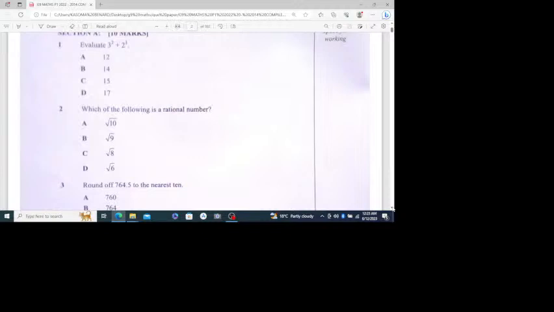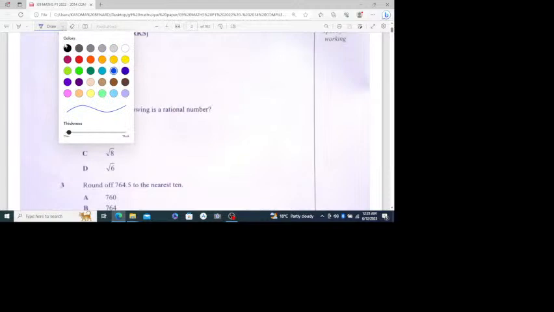The first question is, evaluate 3 raised to the power of 2 plus 2 raised to the power of 3. So that's the one we're going to do.